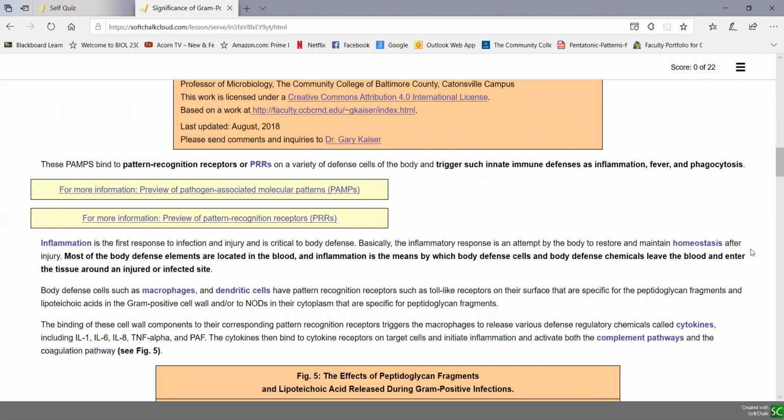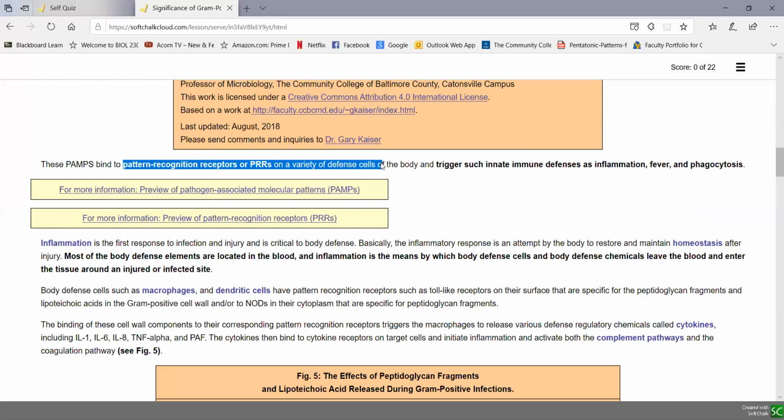Now, the way our body recognizes these pathogen-associated molecular patterns, or PAMPs, is that we are born with the ability to make pattern recognition receptors on our defense cells that fit these PAMPs, like pieces of a puzzle.